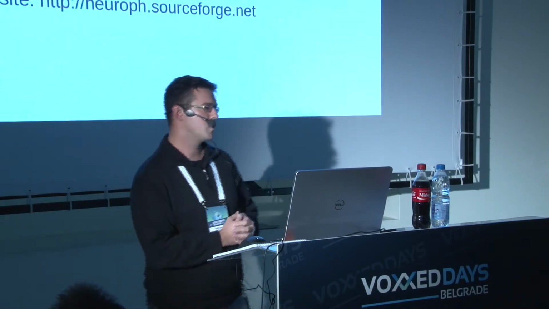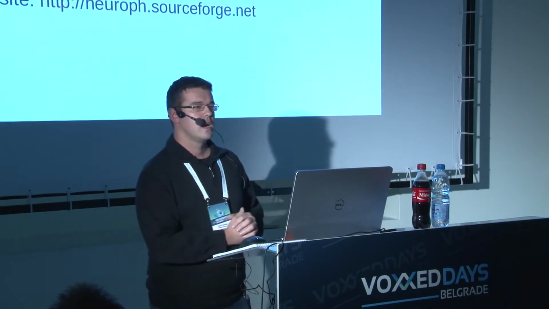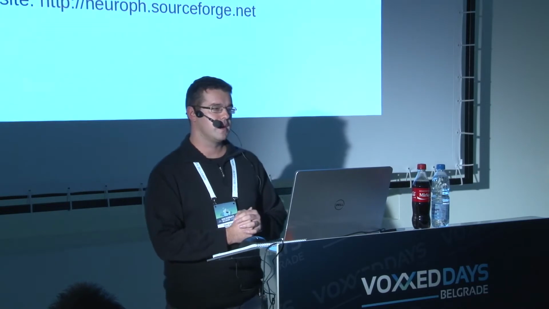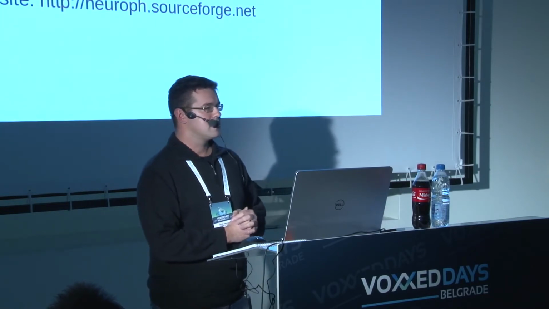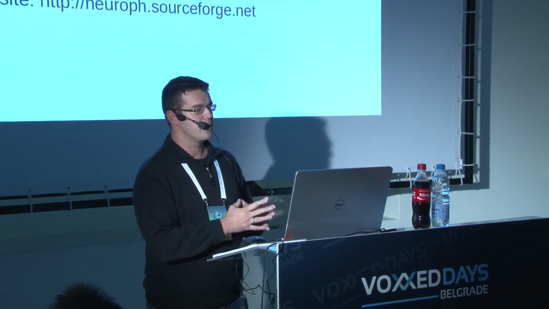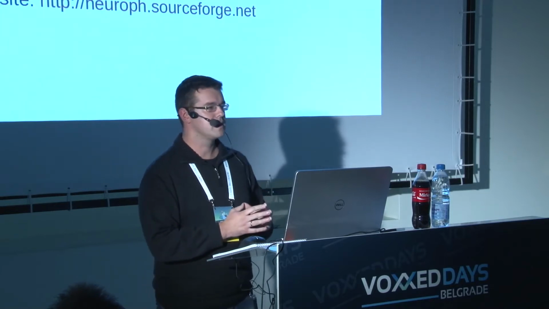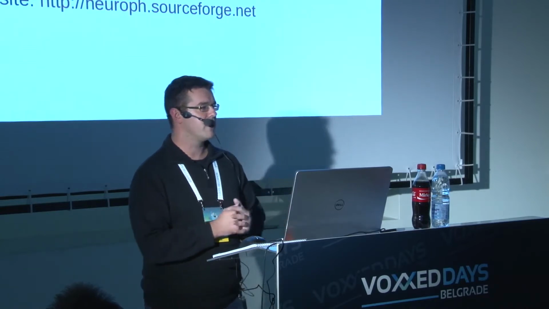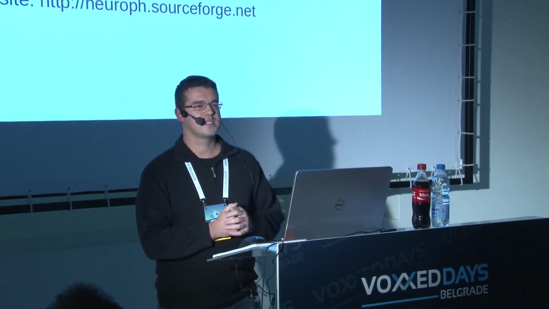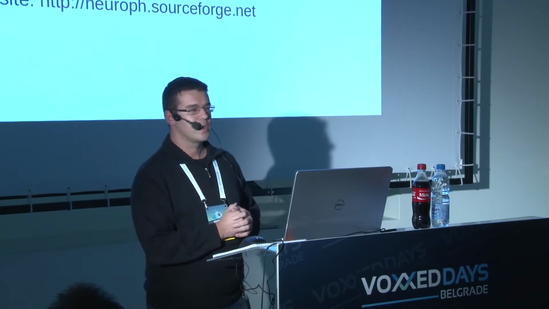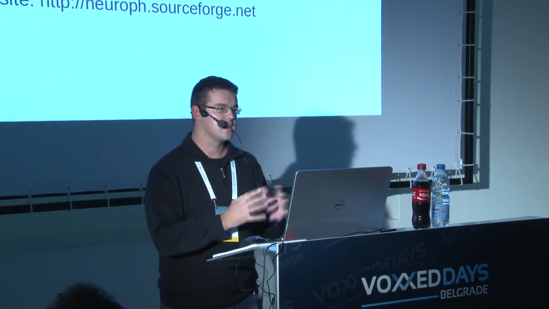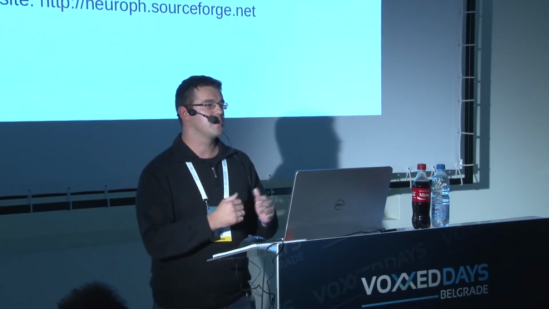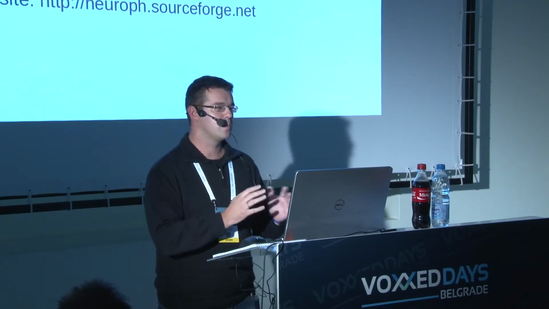Now, a few words about Neuroph. As I already said, it's an open source neural network framework in Java, and it provides not only a framework but also a development environment based on the NetBeans platform. So you have an IDE-like environment for building various types of neural networks. Also, you can easily take that small set of base classes and create your own new types of neural networks, and that's exactly what we are doing here.